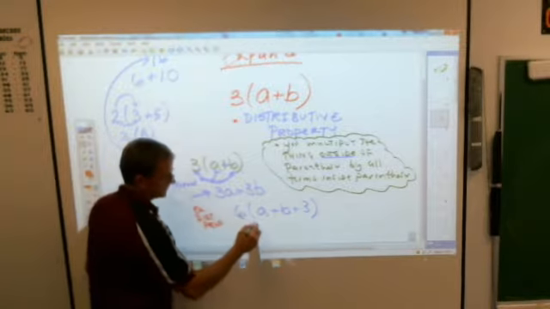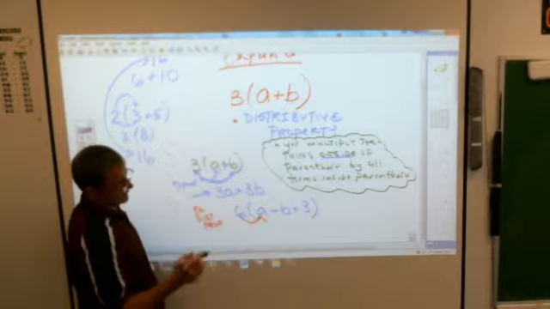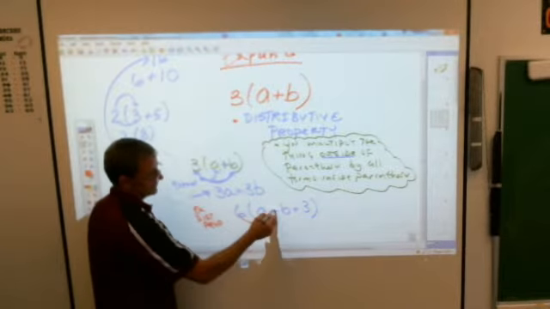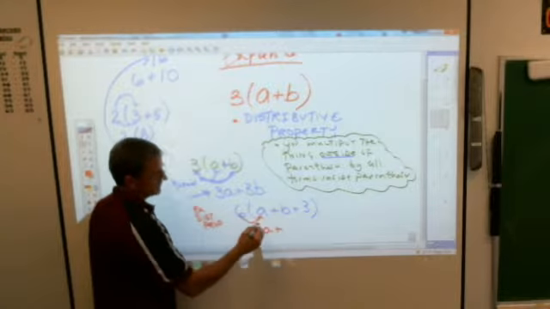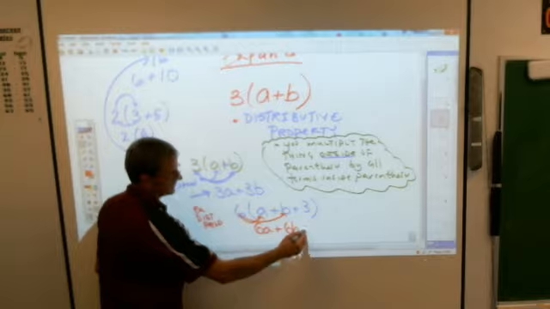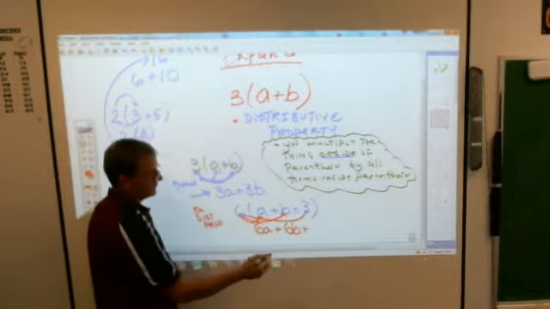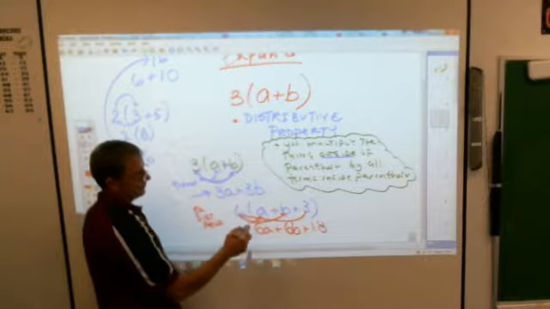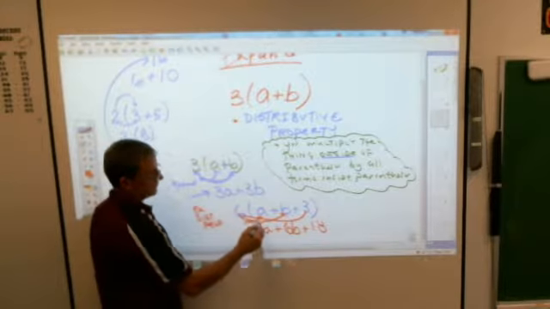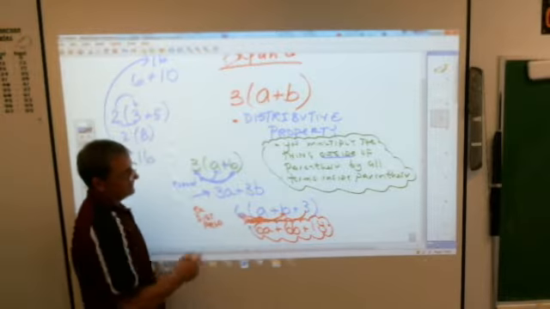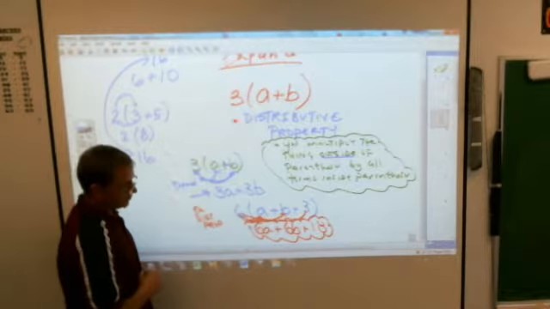I would take the 6 times the A. 6 times A is 6A. Take the plus sign. What's 6 times B? 6B. Take the plus sign. And what's 6 times 3? 18. You can get rid of the parentheses and simplify it by getting 6A plus 6B plus 18. Distributive property.